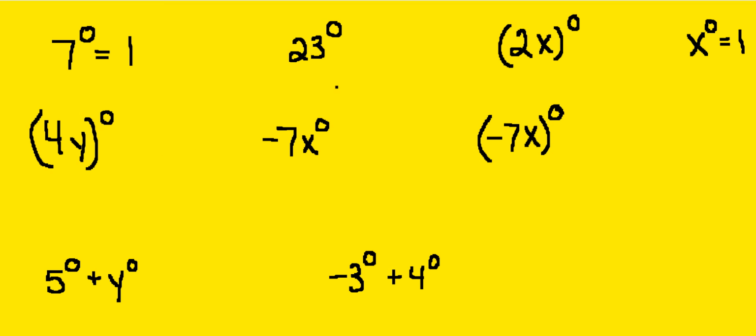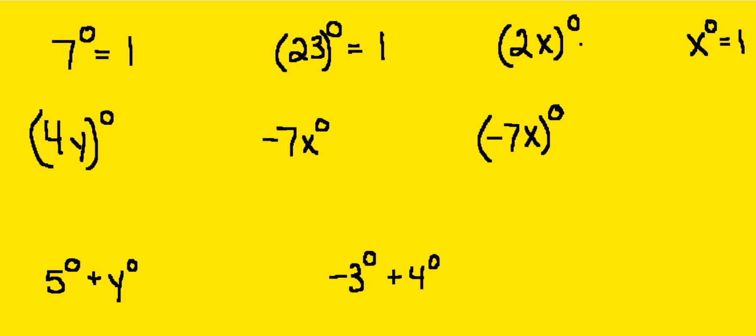I've got a 2-digit number, 23 to the 0 power. The base is 23 raised to the 0 power. So that is going to give me 1. My contention is with numbers, they should put them in parentheses. But that is the number 23 raised to the 0 power.